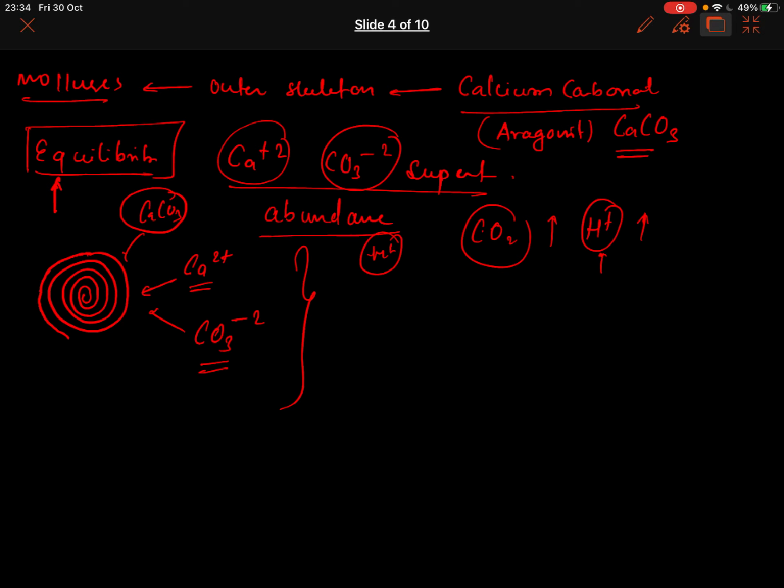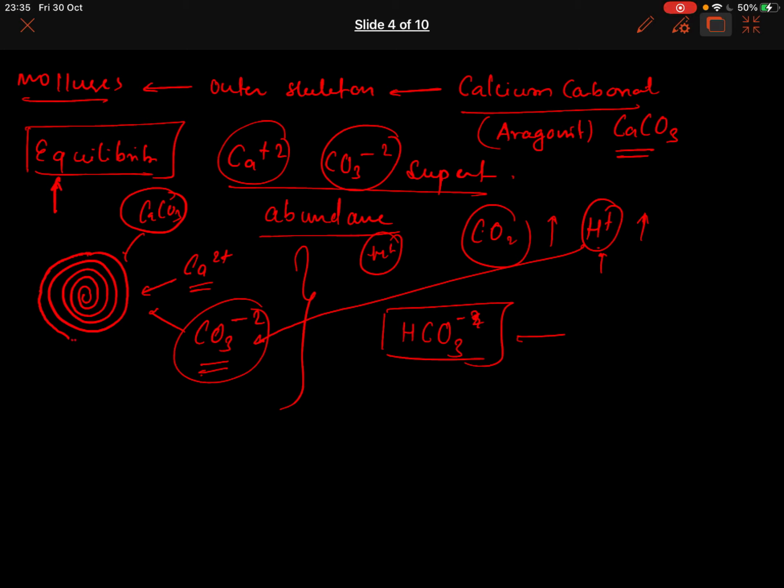Now when suddenly H plus ion increases, you can notice one thing, that this H plus ions has an affinity to take away these carbonate ions. This H plus ions and carbonate ion combines and forms bicarbonate ion, right? So when this bicarbonate ion forms, the carbonate ion which otherwise would have been available for the mollusks has already been taken away. Now tell me, in this condition, this particular mollusk would have one less carbonate ion to form its shell, right?